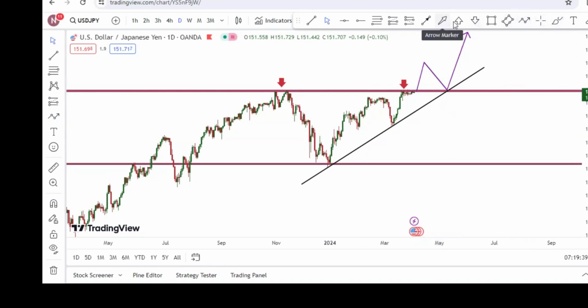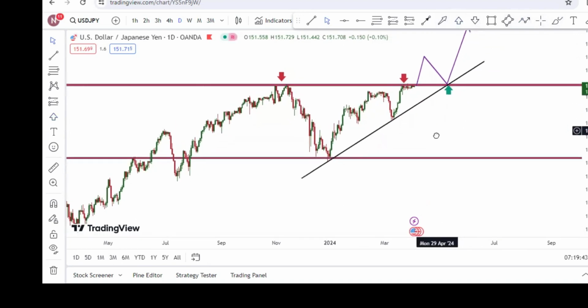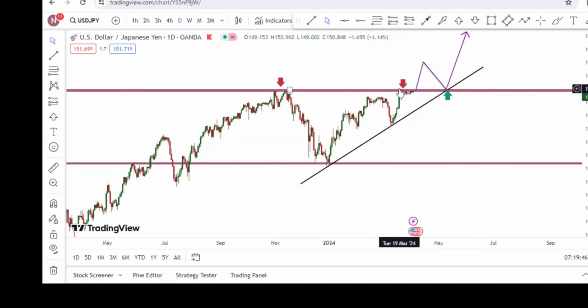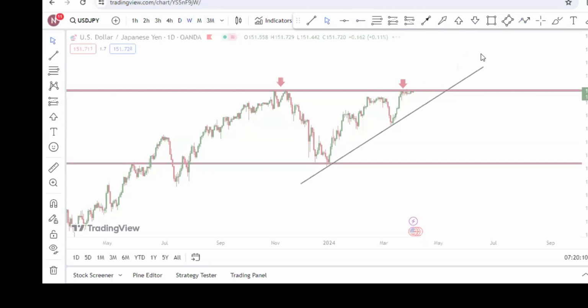So I'm expecting a buy exactly at this zone, or anywhere the market retraces to this zone. As long as the market breaks out of this zone, retraces to this zone, and breaks my counter trend line, then I will take the buy from there. So that is all that I'm expecting on dollar yen.